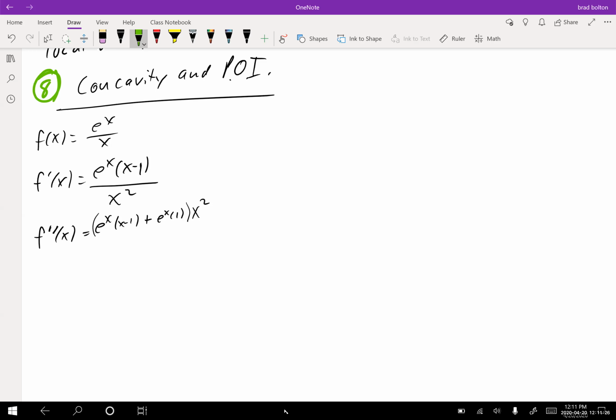And remember, if this whole thing is u over v, then this whole thing is u prime, and this is v. So that's all we did, is we did u prime times v. Now we have to do minus the numerator, e to the x, x minus 1, times the derivative of the denominator, which is 2x, all divided by x to the 4th now. So now we have some serious cleanup.